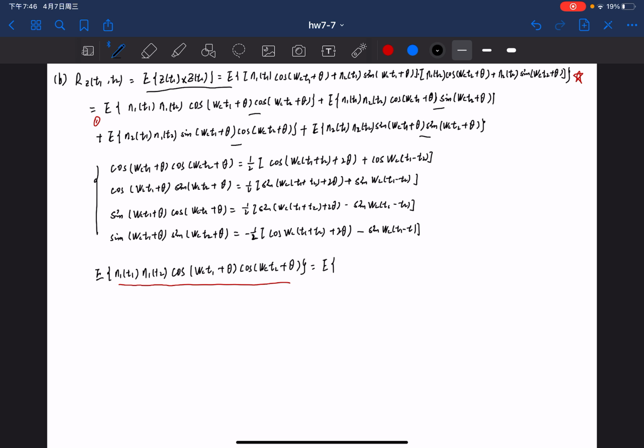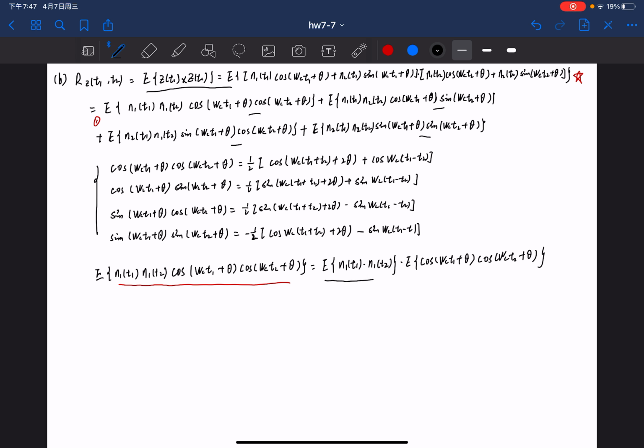It equals the expectation of N1(t1) multiplied by N1(t2), and then multiplied by the expectation of cosine(omega_c t1 plus theta) multiplied by cosine(omega_c t2 plus theta).